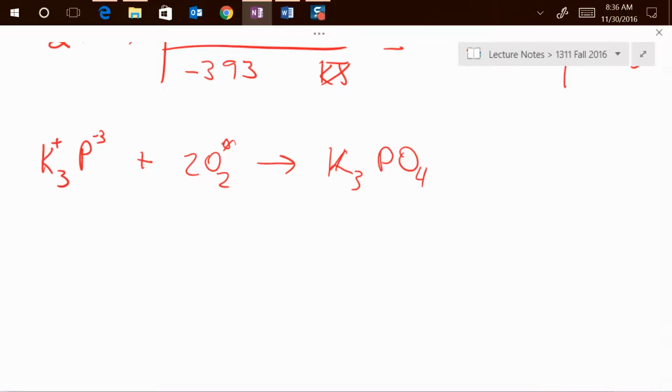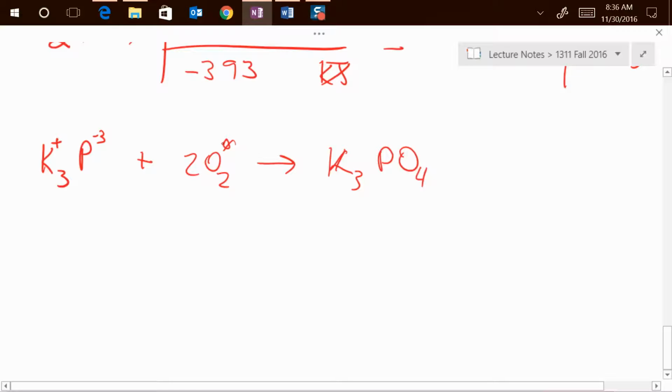What is the oxidation number of potassium on the other side? It stays the same. It didn't change, because this is ionic over here, K3P, a metal and a nonmetal, right? It's an ionic compound, so we can predict the charges.